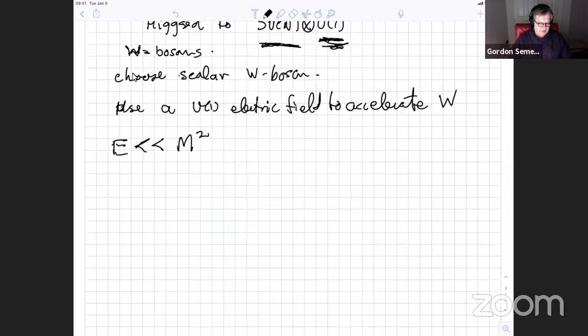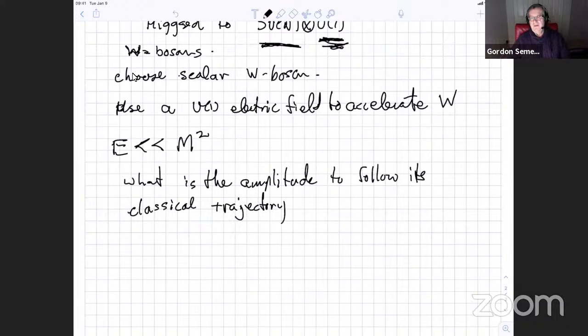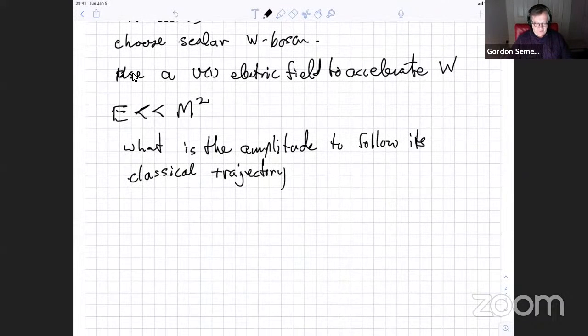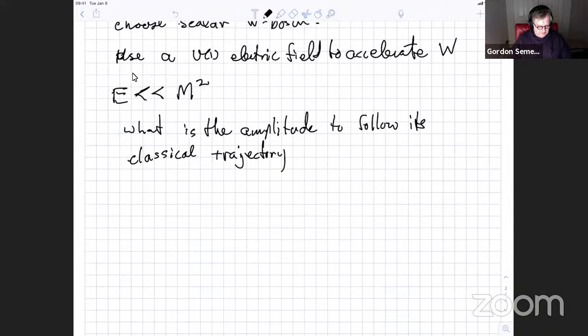And then I will ask the question, what is the amplitude for this particle to follow its classical trajectory, in the semi-classical limit? So this might seem like a very trivial question, but as I'll try to argue, it's not quite trivial. It actually has some interesting issues associated with it.